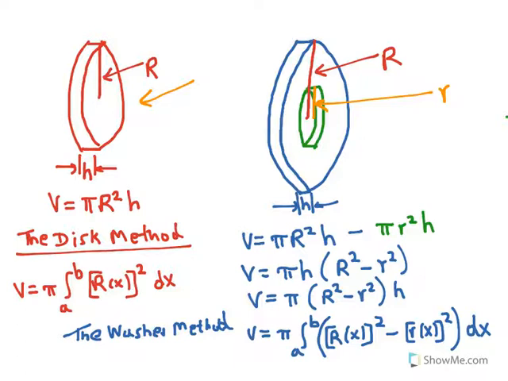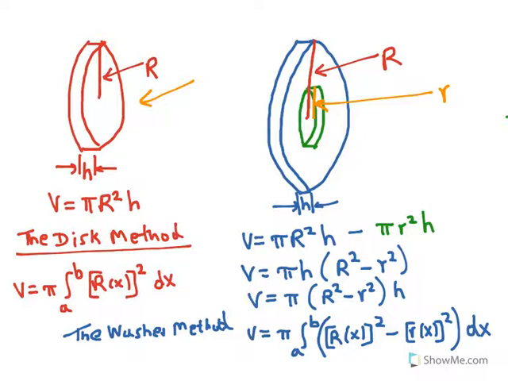And to make our approximation better, we increased the number of disks that we're using to approximate our solid, and we took the limit of this Riemann sum as the number of disks approached infinity. And that limit gave us a definite integral, the disk method integration formula, which by definition gives the exact volume of a solid of revolution.